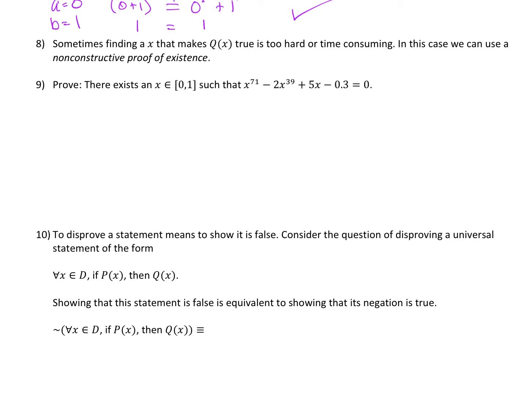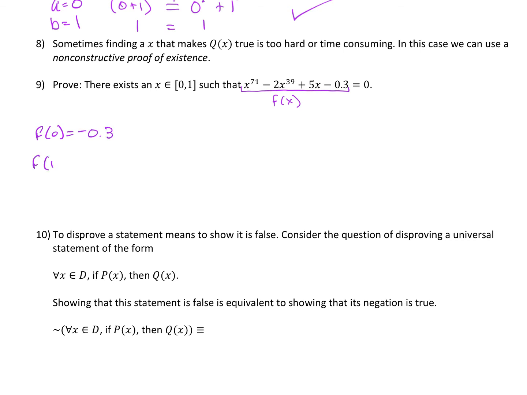So if we consider this a function f of x, let's analyze the sign of f of x at the beginning and the end of the interval. So f of 0, if you plug 0 into that function I underlined there, you get negative 0.3.